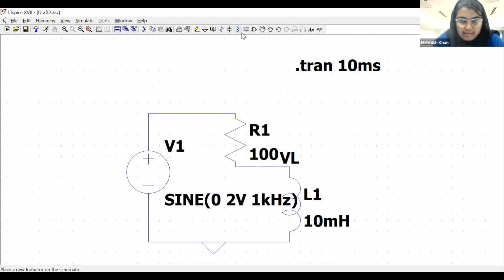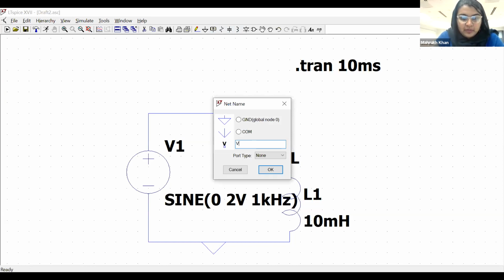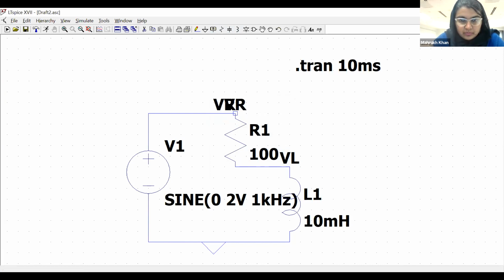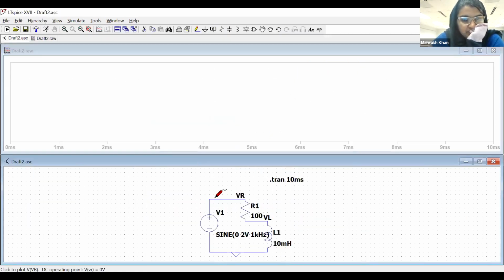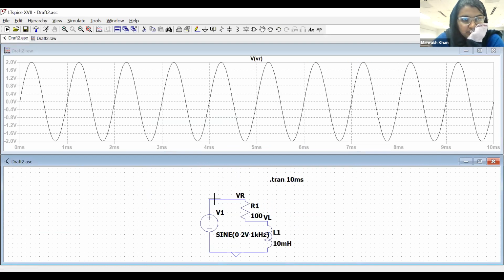And this is VR. Okay, let's see. Or I think this is not VR. Let's try see that. Because this is 2 volts. Okay.